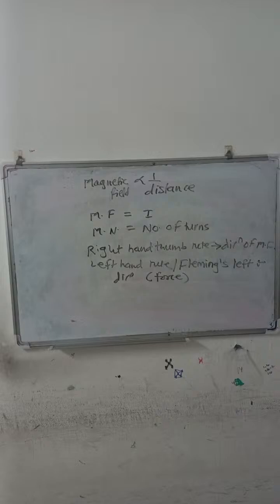Write down next: State any two factors on which the magnetic field produced by a current carrying straight conductor depends.